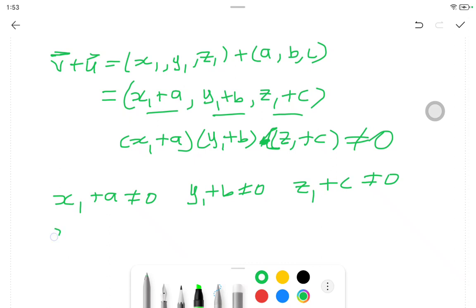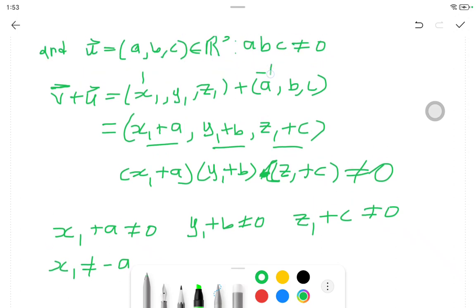But we say x1 will not be equal to minus a, and we're not sure about that. What if I take 1 here and minus 1 there? Won't I be allowed to take 1 and minus 1? I can be allowed, you see?